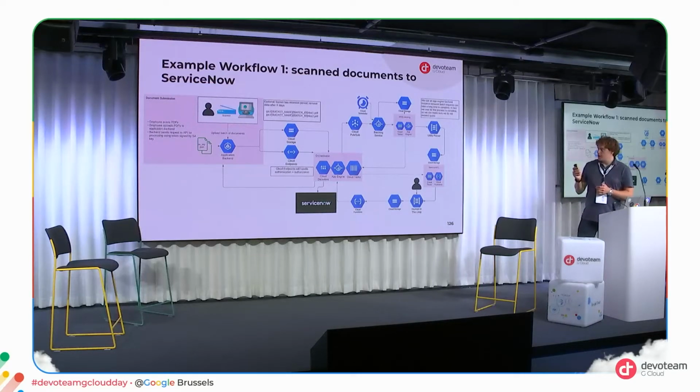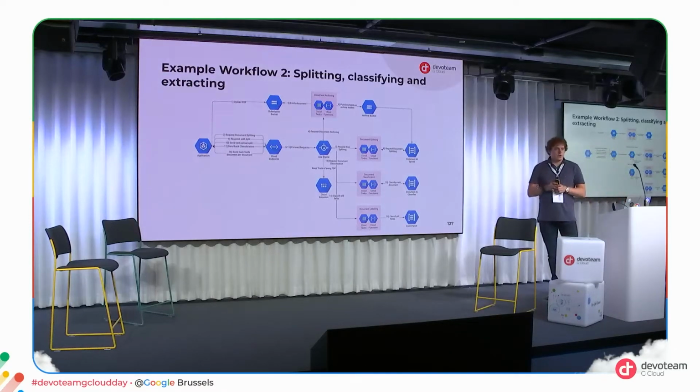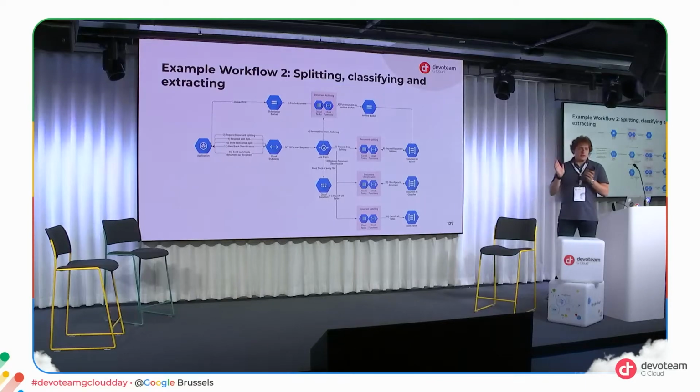Good. But Document AI can also be used for a completely different workflow. This is kind of what I explained before, where a document comes in, and it can be anything. Any PDF can have multiple documents, so we split them, we classify them, we label them with a very generic processor that I'll show later, which is called the form parser.